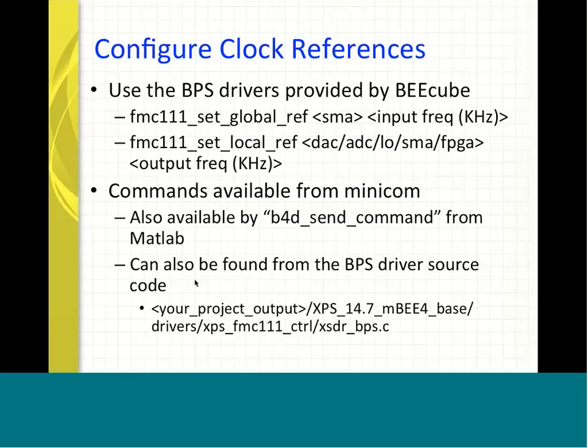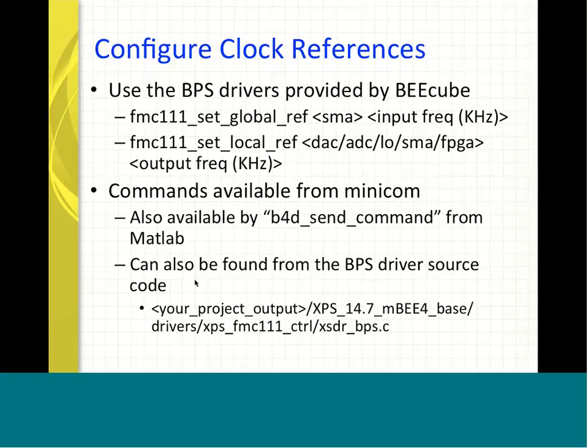So, for example, with the FMC 111 set global reference function, you can change this global reference between the onboard oscillator and the SMA, and then you can give it an input frequency, whether it's 50 megahertz or whatnot. You can specify what the input frequency is.